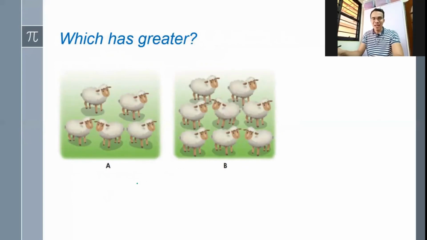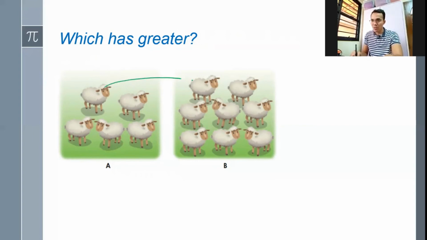Next, let's have comparing numbers. We have here two groups of sheep. One is group A, the other one is group B. Which group has greater? To know which group has greater, we're going to match group A and group B. How do we match? Look at the screen.